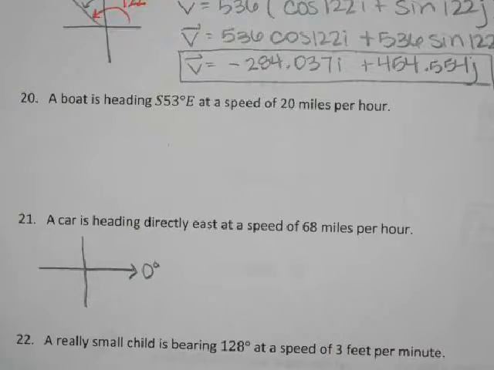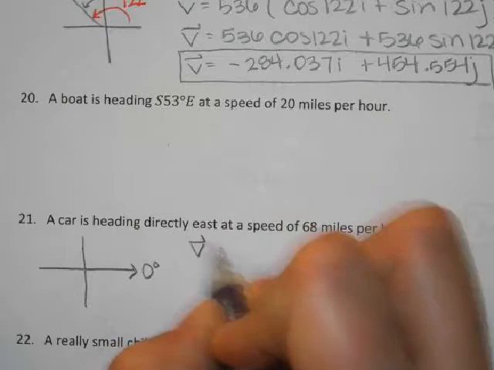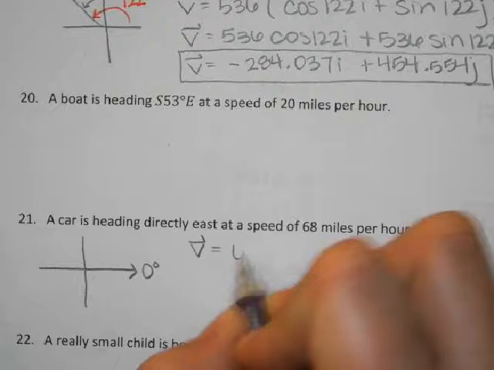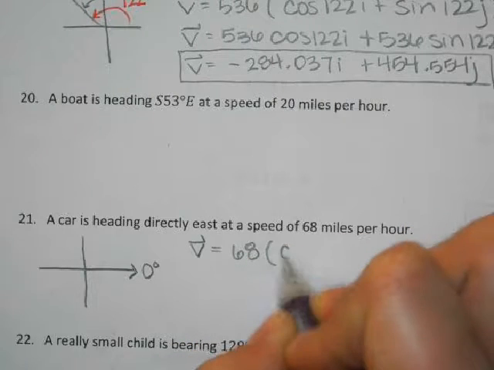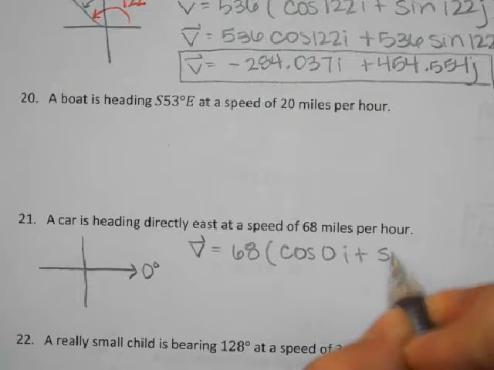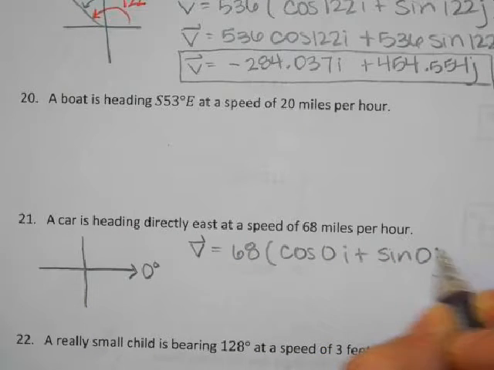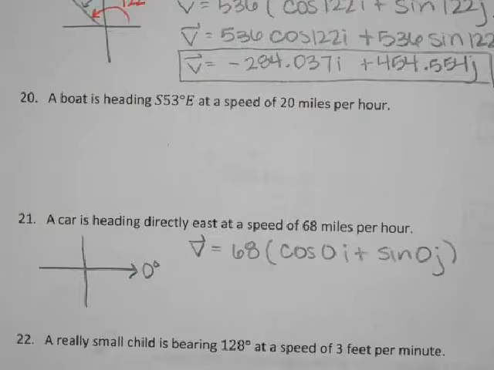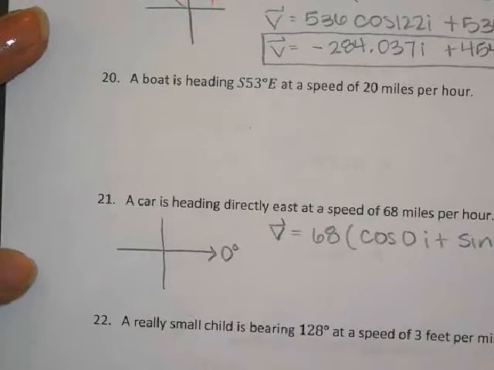So if we write the vector using the formula, we're going to say our magnitude is 68, and we're multiplying it by cos 0 degrees times I plus sine 0 degrees times j. And this is one that actually shows up on the unit circle. 0 degrees really is on the unit circle. So we're going to picture a unit circle.